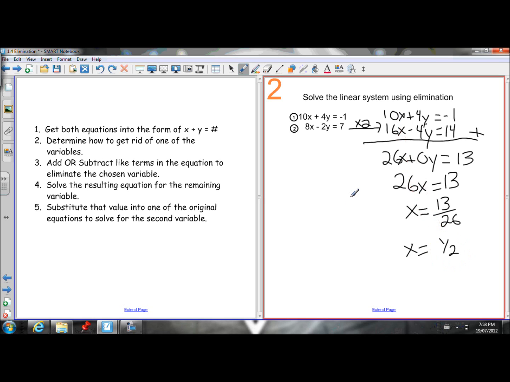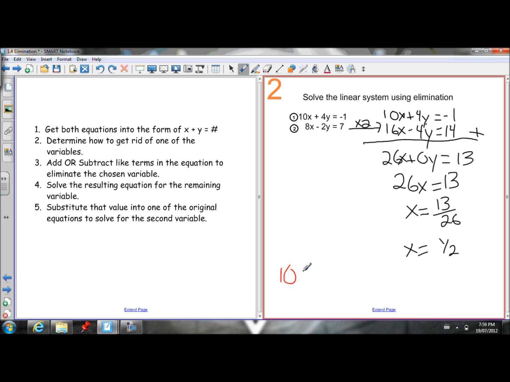You could plug it into the equation that wasn't multiplied by 2. If these two are equivalent, they'll give you the same answer. Let's plug it into this first equation here, 10x plus 4y equals -1.